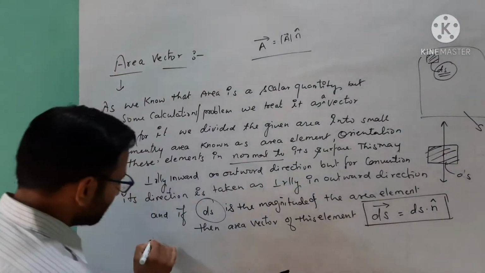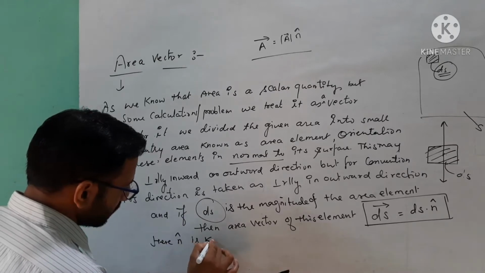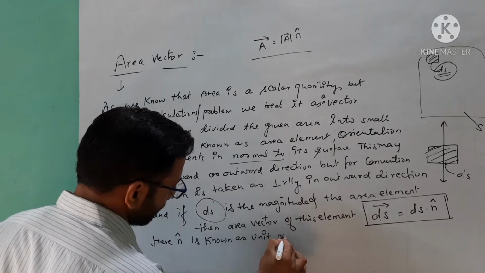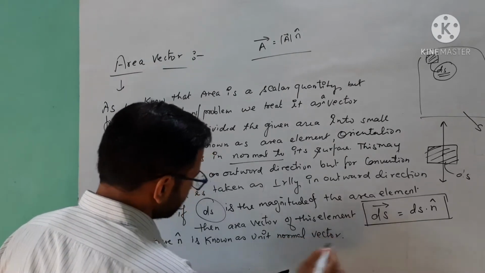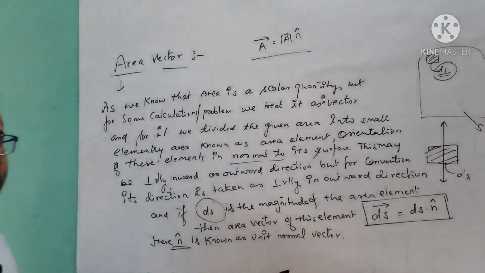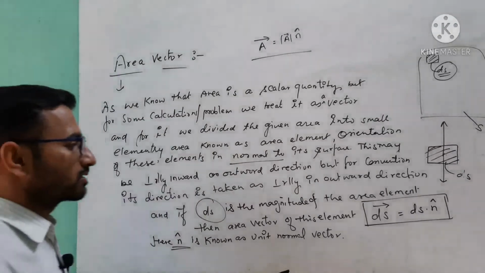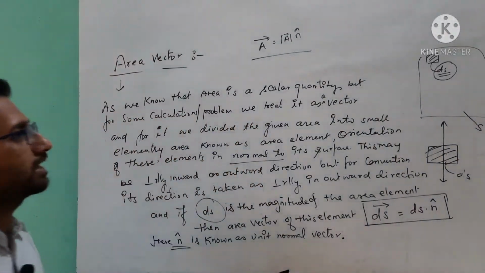Here n cap is known as the unit normal vector, whose direction is normal, or perpendicular, in the outward direction.